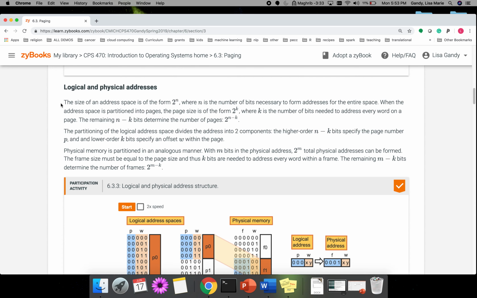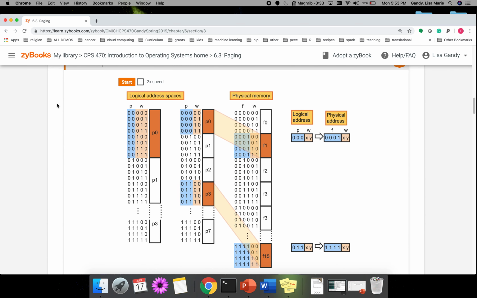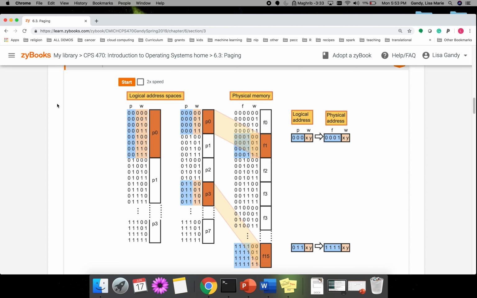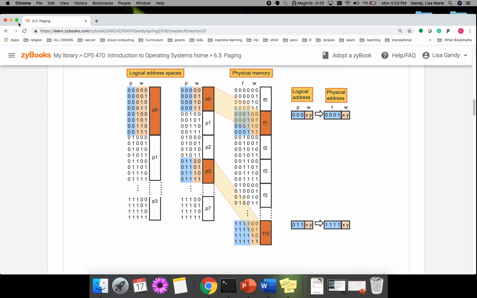Okay, so here we have a whole paragraph that talks about how logical addresses are mapped to physical addresses. So what I'm going to do actually is just go through this visual, and then it'll be really more evident.